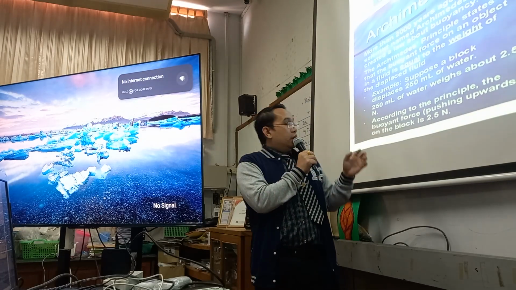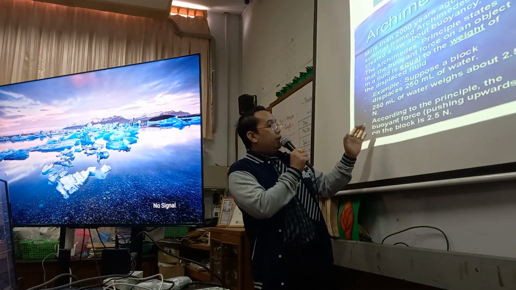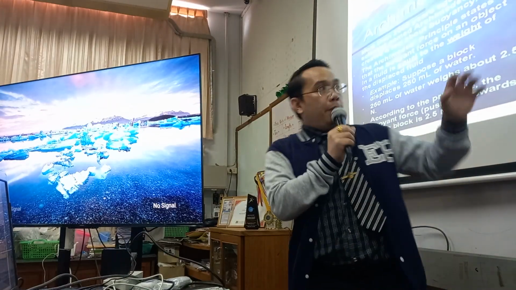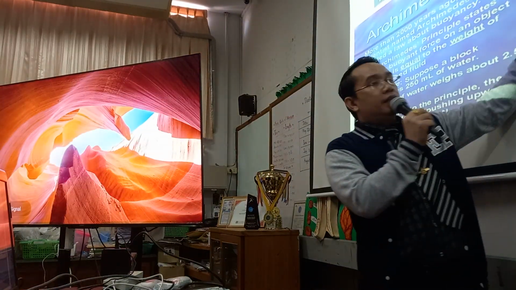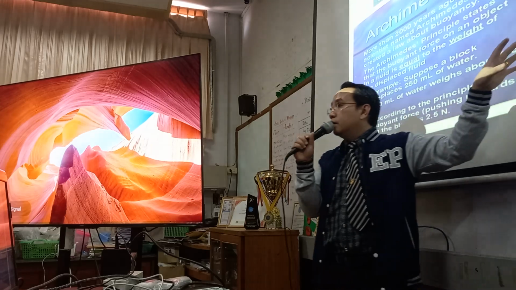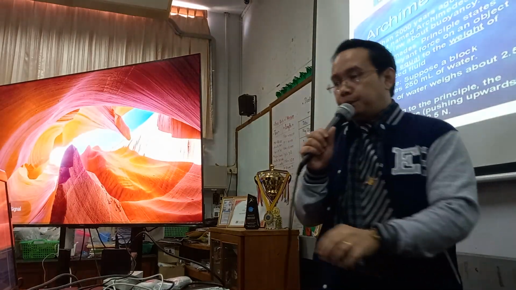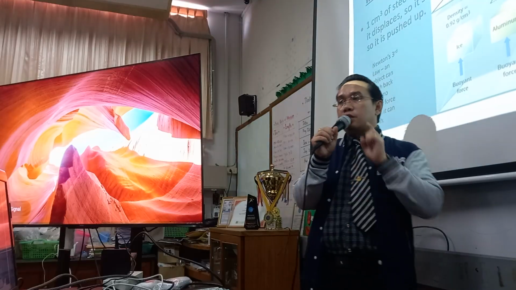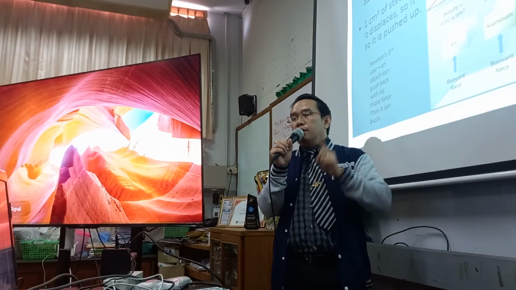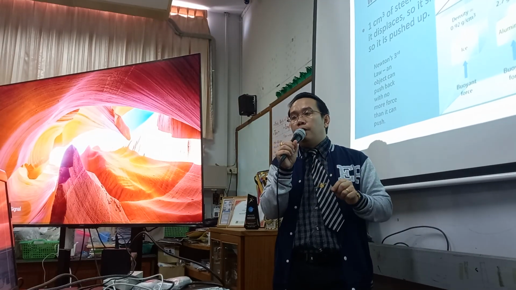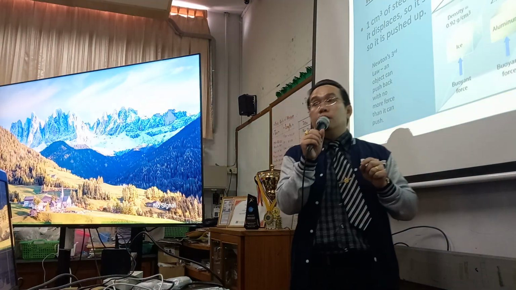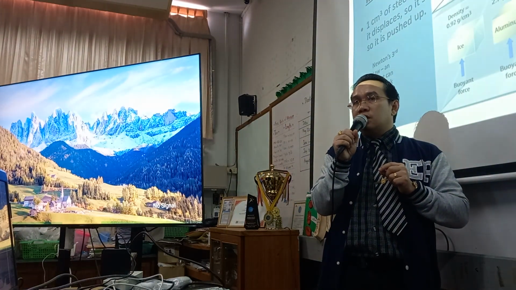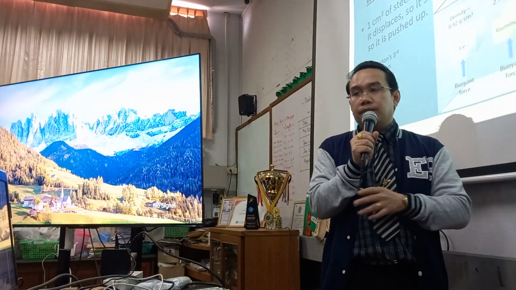Right? Then, on the block which is 2.5 Newton. So based on this component, guys, that I have shown here, now, Archimedes' principle states, again, that the buoyant force is equal to the weight of the fluid the object displaces.